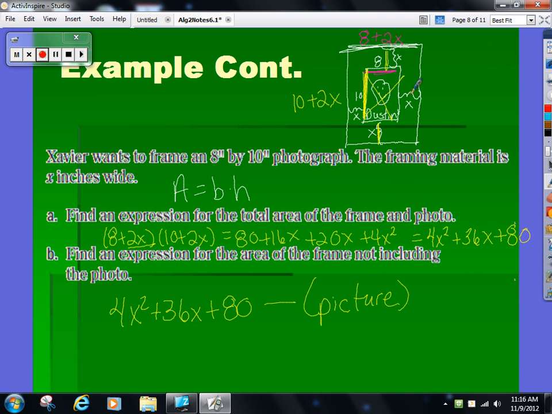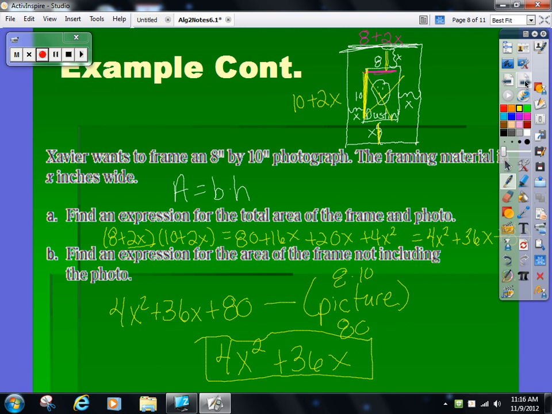Well, what was the picture? It was just an 8 by 10, which is 80. So once I add 80 and subtract 80, I cancel out. The expression for the area of the frame, not including the photo, is 4x squared plus 36x. So again, if I said it's a 5-inch frame, you could plug that in and tell me just the frame, not including the photo.